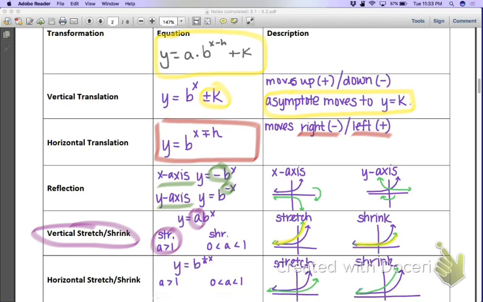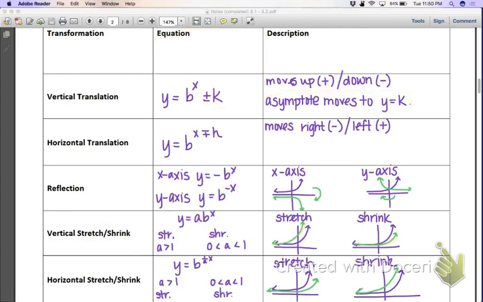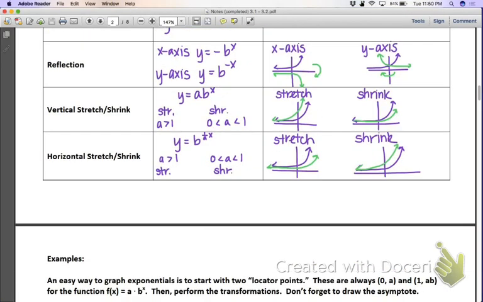Then the last part, I'm going to have to scroll up, is when we are dealing with horizontal shrink and stretch. Now, it's backwards. I really don't like how this is written, so you can always think of this as a fraction.